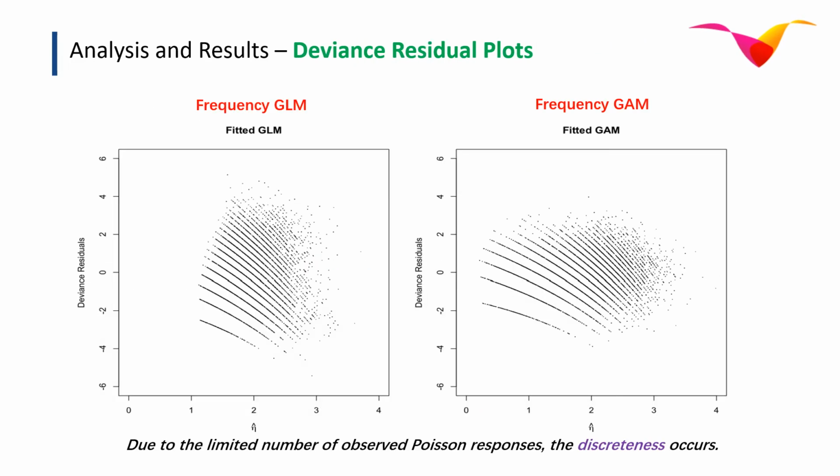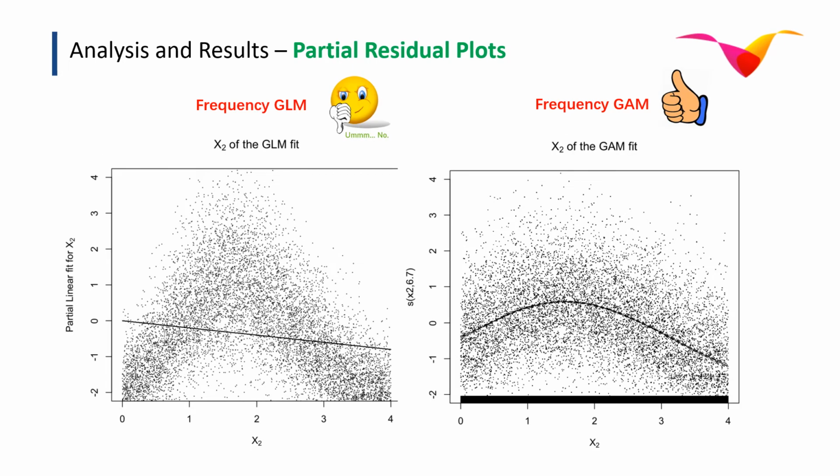Due to the limited number of Poisson responses, discreteness occurs in the deviance residual plots, so it is not very helpful for checking the model fits in this case. Compared with the deviance residual plots, the partial residual plots can be more useful.